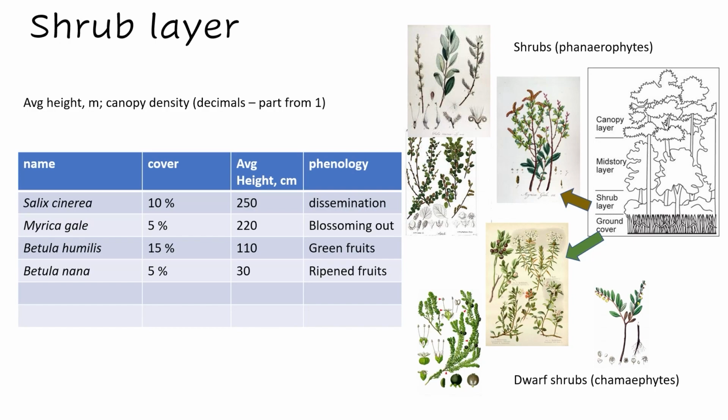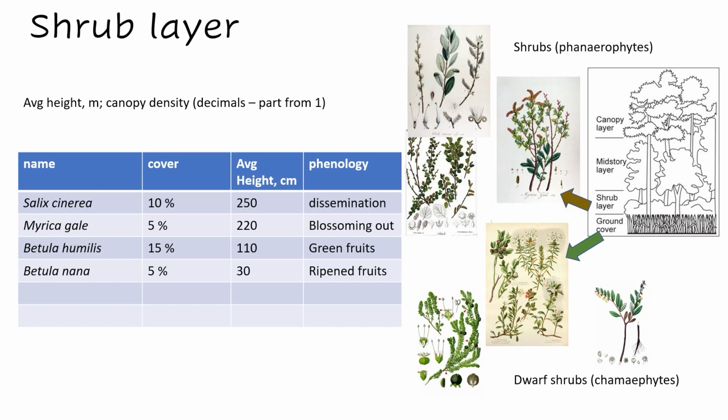For example, willows or Myrica or some small birches, they are shrubs. All the Ericaceae which you have in the temperate zone in the raised bogs are dwarf shrubs. However, Myrica gale is also Ericaceae, and there are also some Ericaceae on different continents and places.